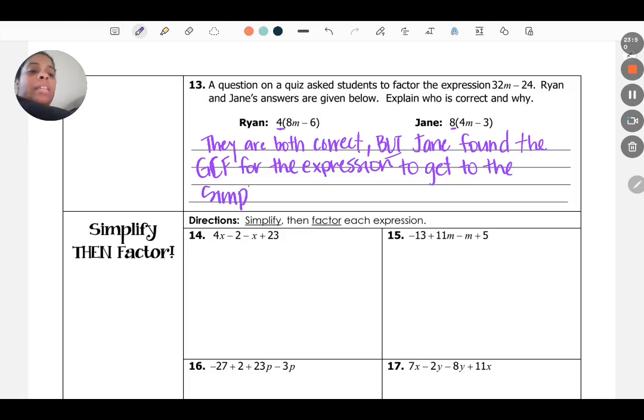And you write on the lines. Obviously my pen is a little wonky, so the simplest form. So Jane's answer is correct.